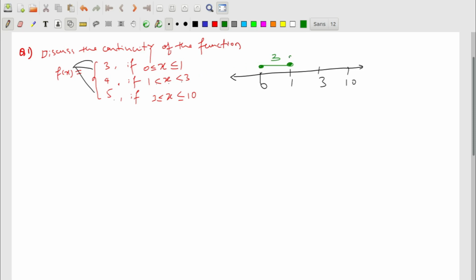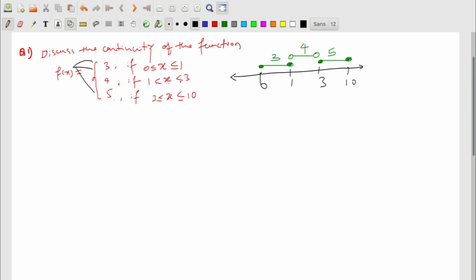And for greater than 1, that is excluding 1, and less than 3, again excluding 3, the value of the function is 4. Next, for greater than or equal to 3 and less than or equal to 10, the value of the function is 5, right? So this is how the function is defined.